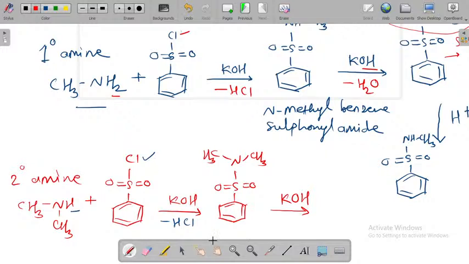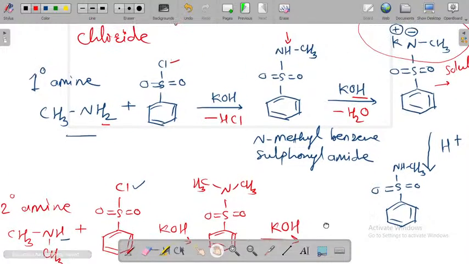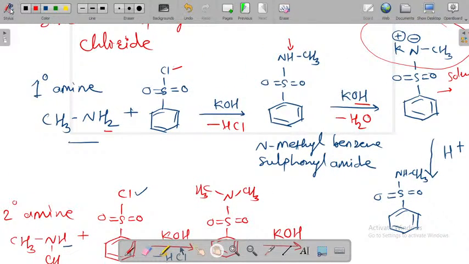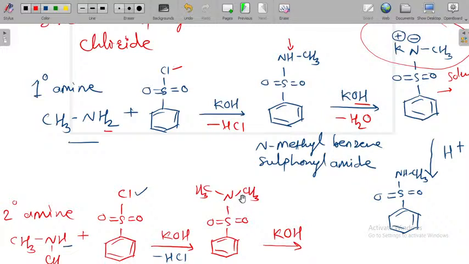Whether you have a hydrogen atom which will be abstracted by this KOH, as in the NH there is a proton which can be abstracted by the second molecule of KOH, but here is there any hydrogen which will be abstracted by this KOH? No. That's why no reaction.